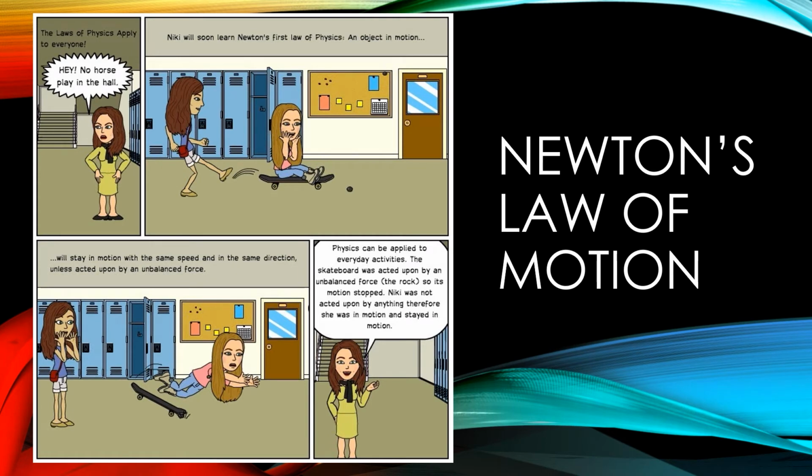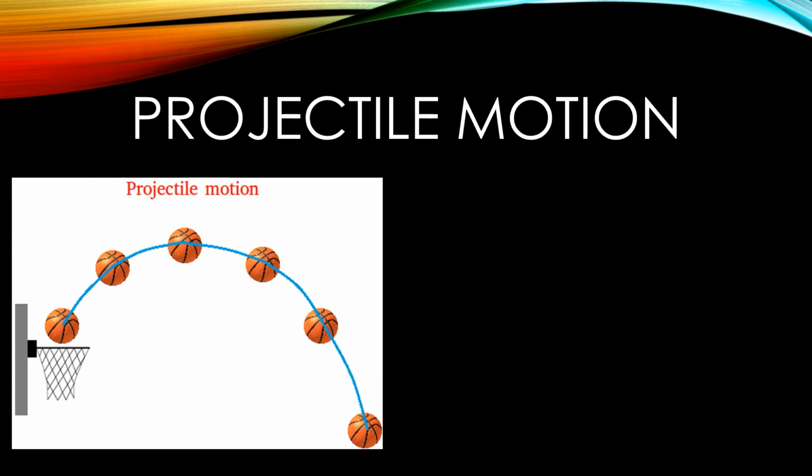In your previous year level, we discussed Newton's laws of motion, which deal with motion in one dimension. A two-dimensional motion is under what we call projectile motion. One of the common examples of projectile motion is when you throw a basketball in a ring.